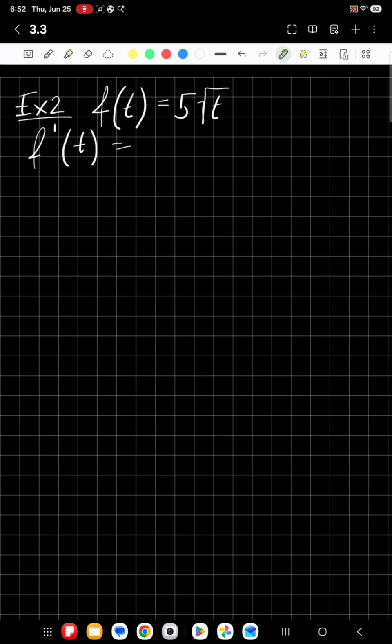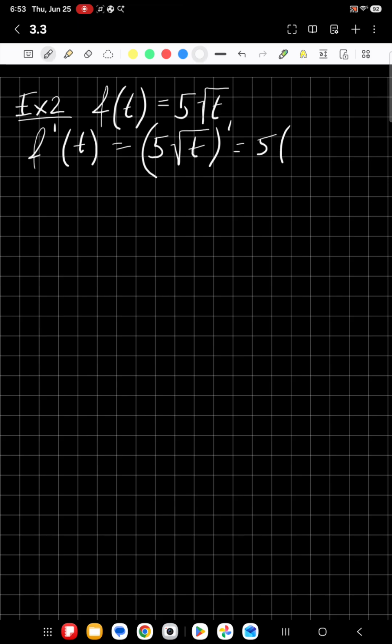How should I write it? Maybe I write it like this. So 5 t, and then we have that. And I'm showing that we're taking the derivative of this, and now I'm going to take that 5 and put it in the front.